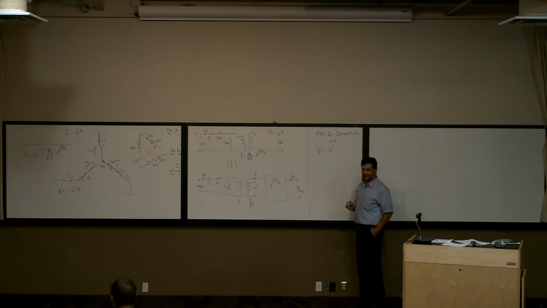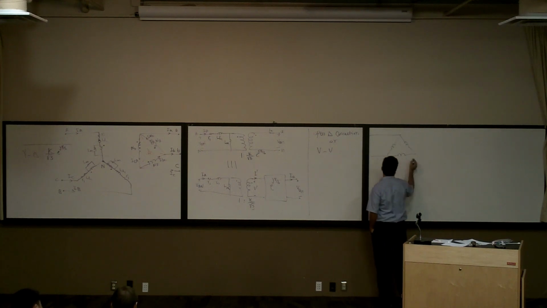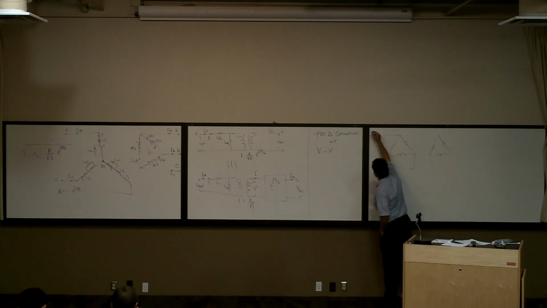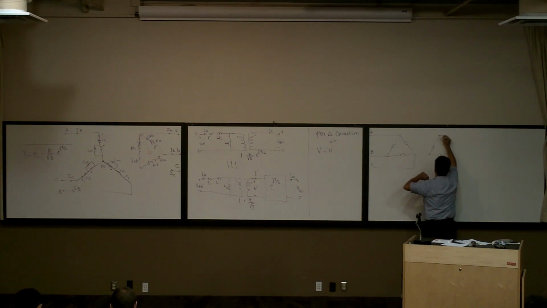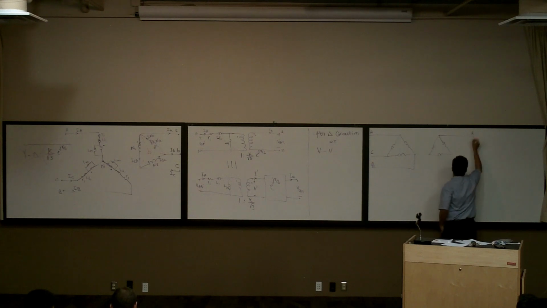Let's assume you had a delta delta. They call it either open delta or VV connection. Let's say you had a delta delta transformer, and you have a load.